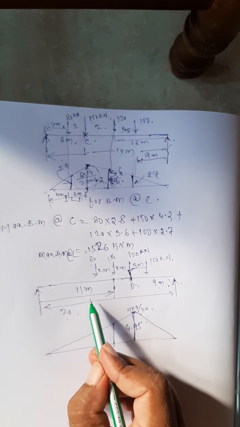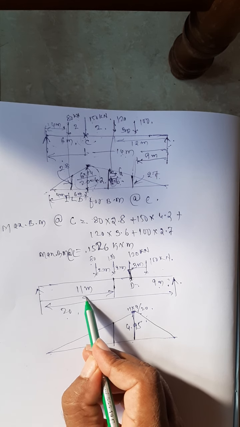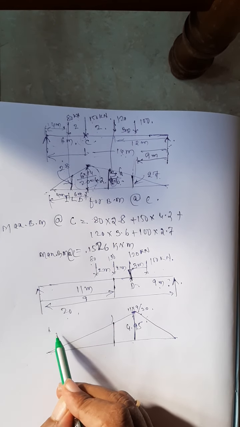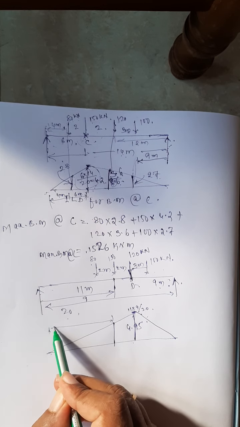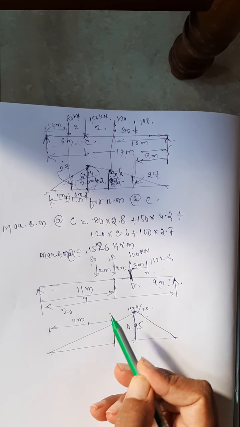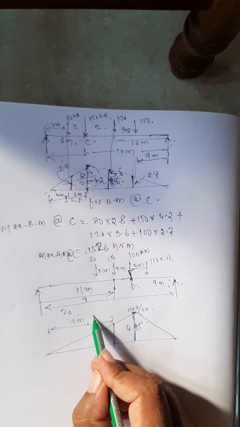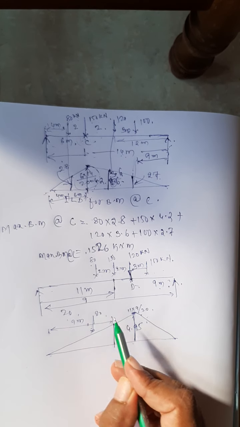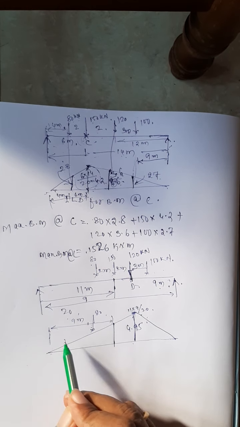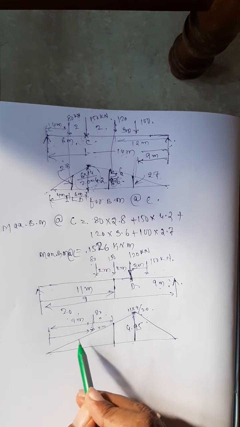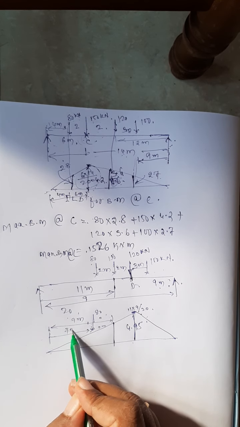Of that 2 is going, means left out is 9 meter. 150 is at a distance of 9 meter from the left hand. Like that, where is the 80 kilonewton? This gap is 2 meter. Therefore, what is this number? It is equal to 7 meter.